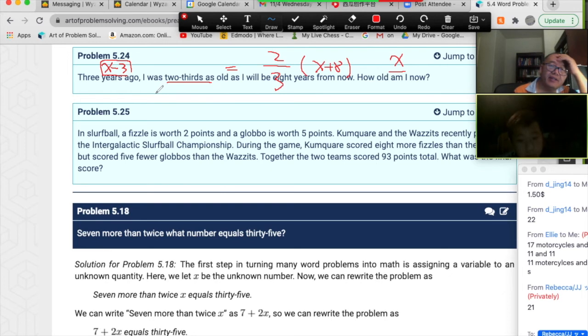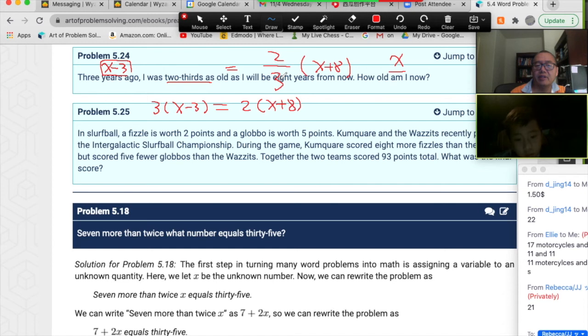See here, you need both sides times 3. You get 3 times x minus 3 equals 2 times x plus 8. After we multiply both sides by 3, this 3 cancels out with the denominator.